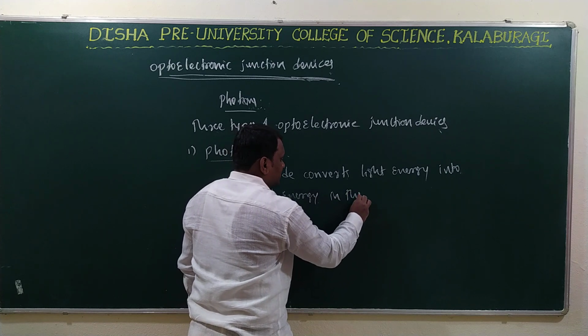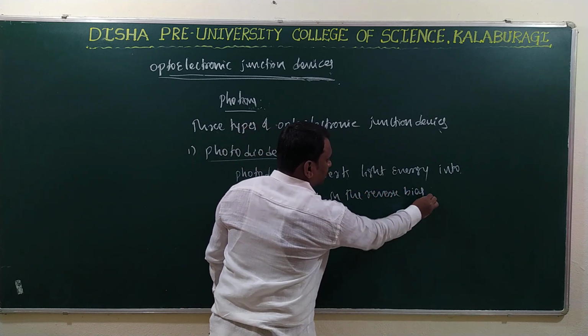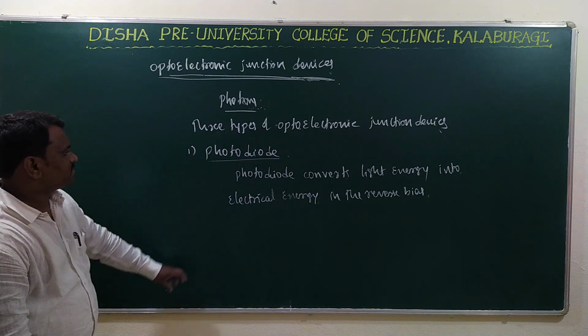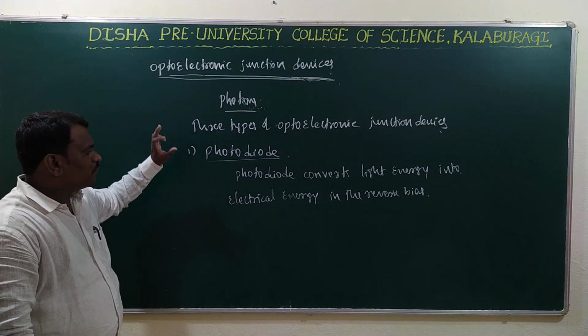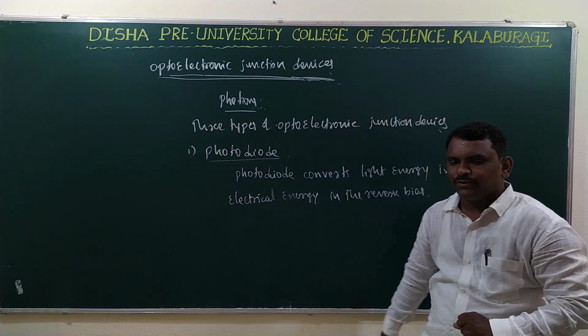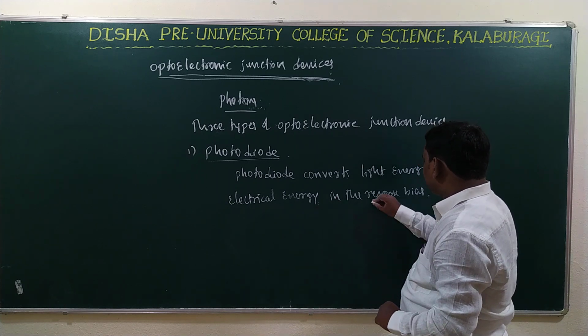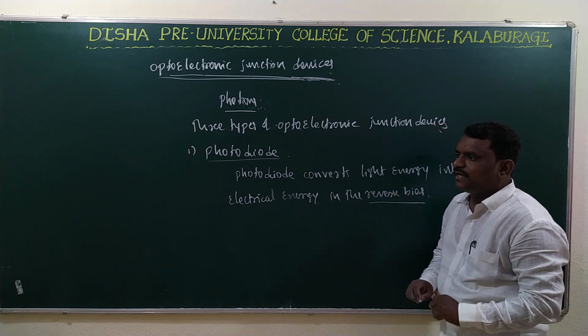In the reverse bias, right? What is a photodiode? A photodiode is a device that converts light energy into electrical energy in the reverse bias. Right?